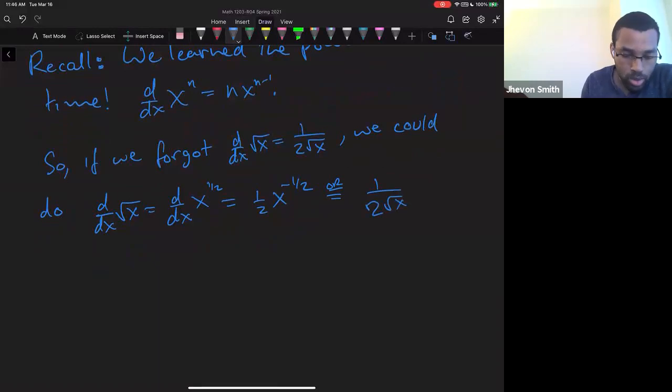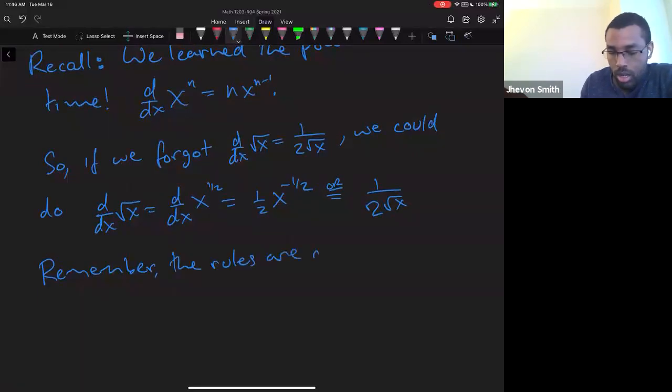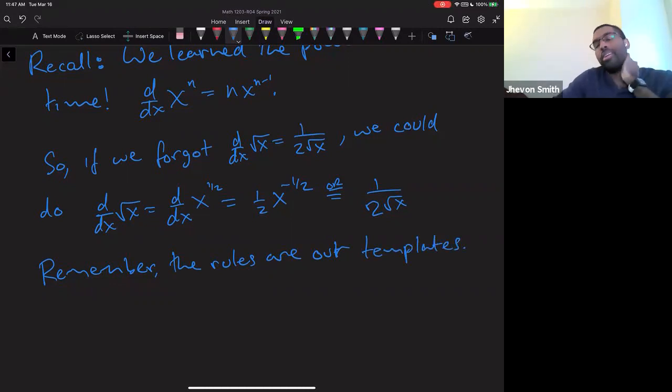Basically, I just want you to remember the rules are templates. They tell you what's allowed, what you can do. So if you're stuck on something, chances are there's a rule that you don't know.